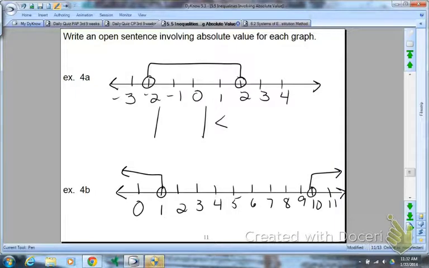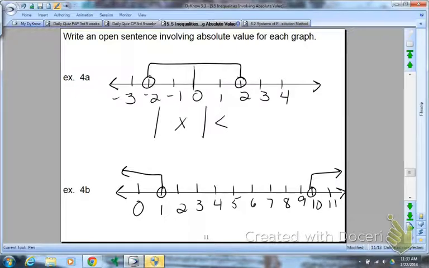So inside the absolute value, it's always going to be x minus the number. So it's x minus, what is the middle here? 0. So x minus 0. Well, what is x minus 0? In this case, it could just be x.